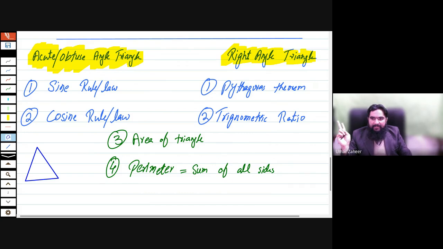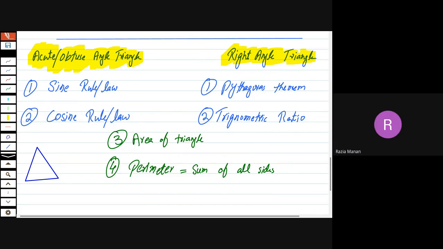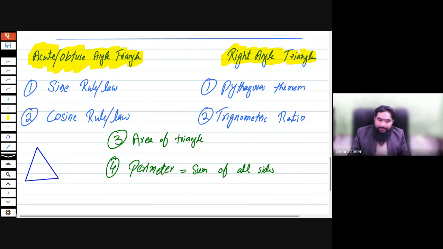But students try to apply the Pythagoras theorem or the trigonometric ratios, which are not applicable for an acute or obtuse angle triangle. Yes, everyone, is it clear? Yes, sir. Now in today's class we are going to discuss right angle triangles and the Pythagoras theorem.